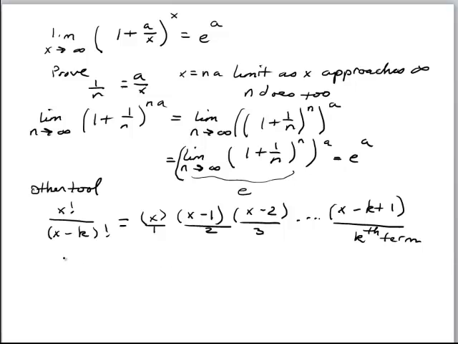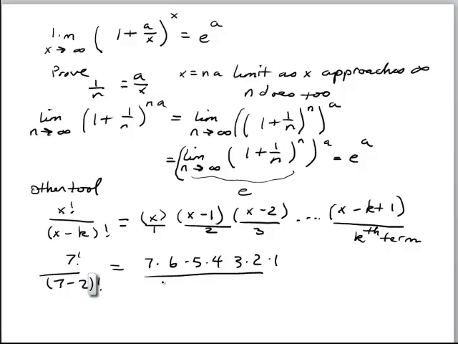So if we had something like 7 factorial over 7 minus 2 factorial, then we have 7 times 6 times 5 times 4 times 3 times 2 times 1 over 5 times 4 times 3 times 2 times 1. We've seen this kind of thing before.